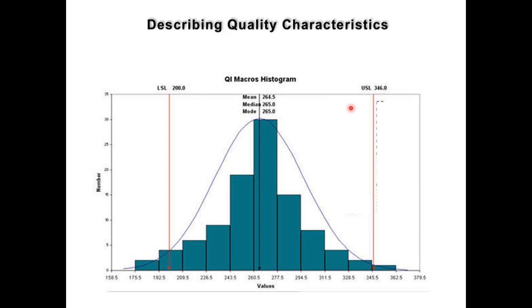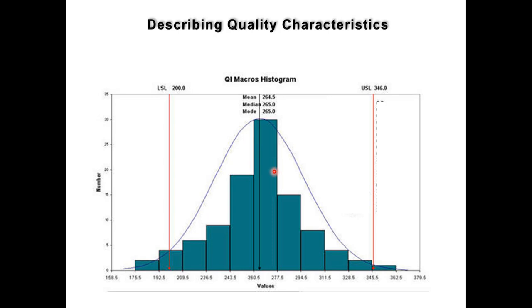So if you were to look at a histogram and its lower and also upper specification limit, normally the lower and upper specification limits are values which lie below and above the mean value.